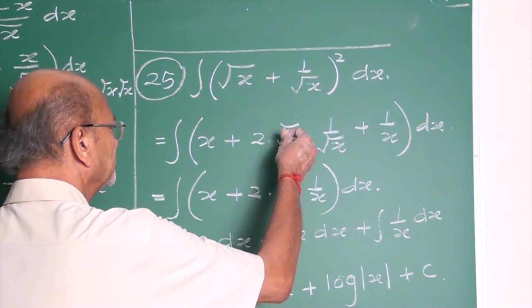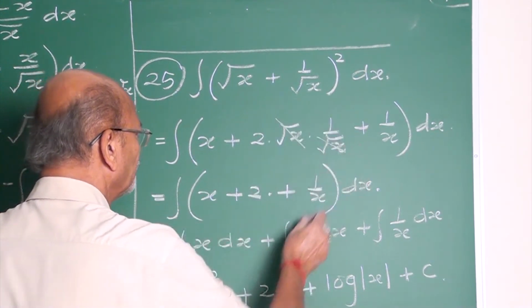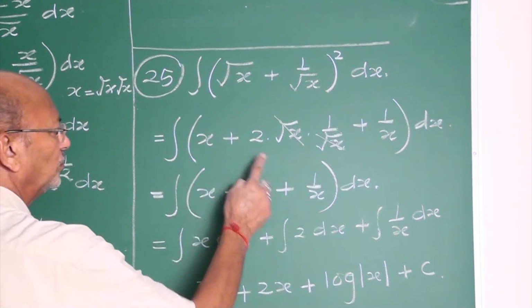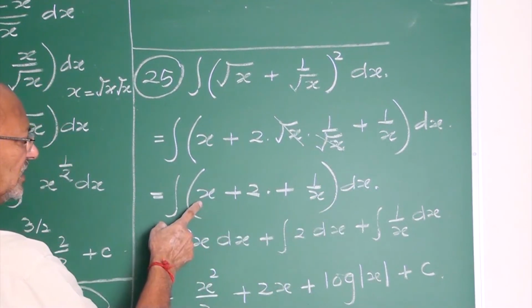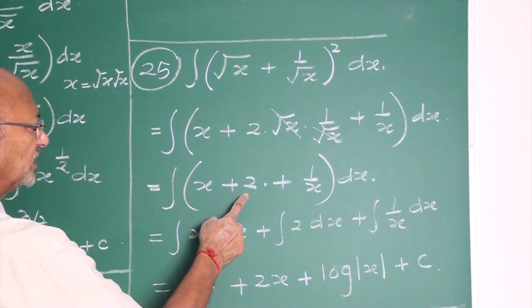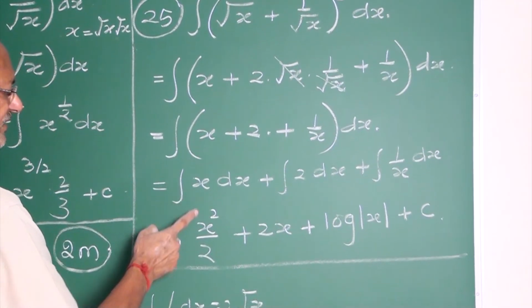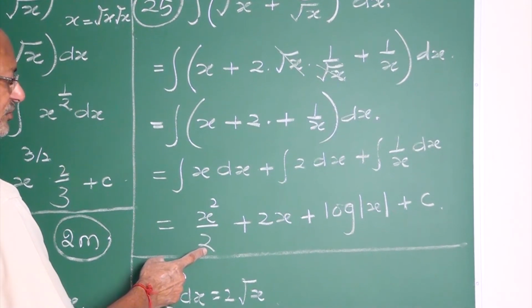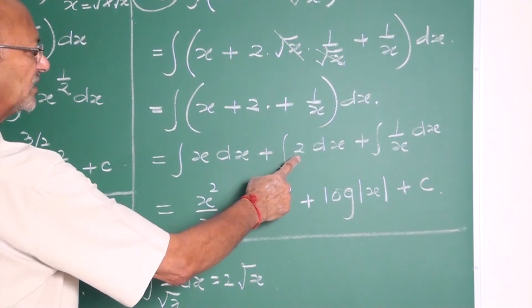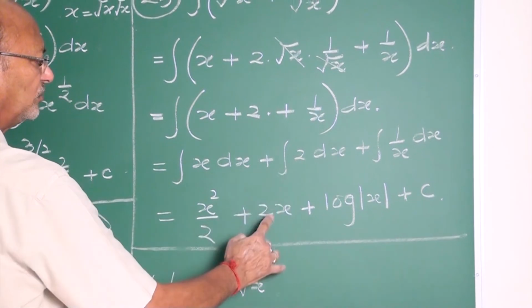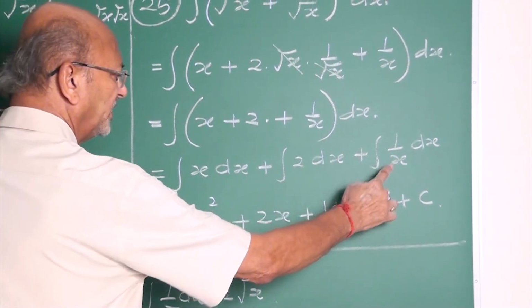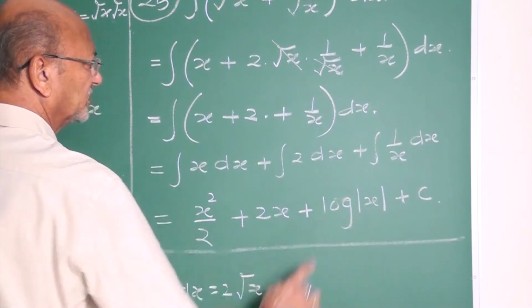Now this root x cancels with root x. It is x plus 2 plus 1 by x dx. Integral of x, integral of 2, plus integral of 1 by x. Integral of x is add 1 divided by the same, x squared by 2, plus integral of 2 is 2x. 1 by x means log x plus c.